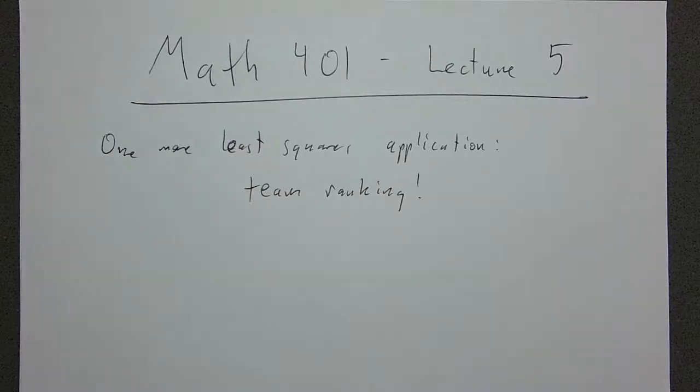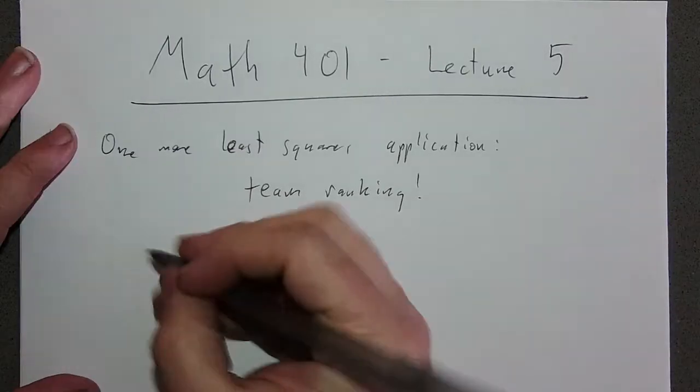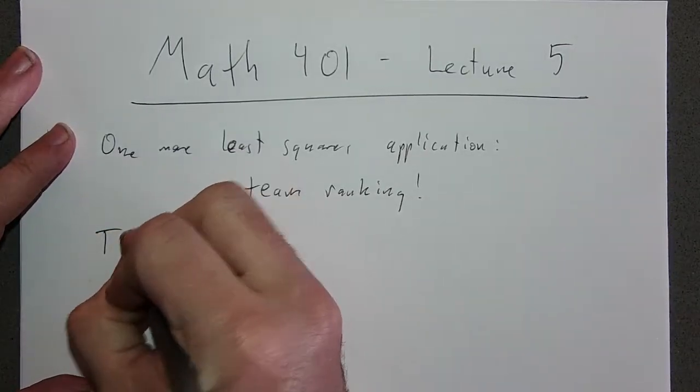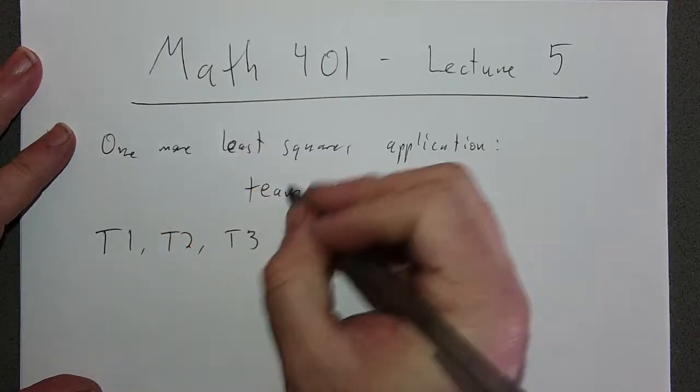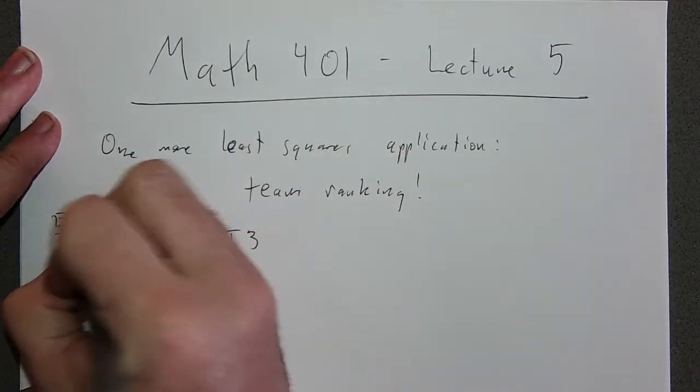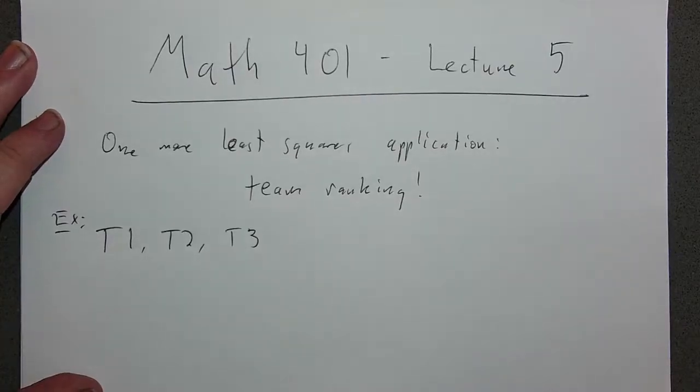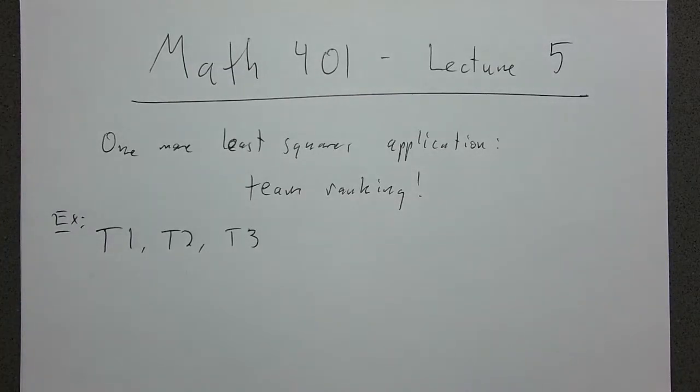So let's say that we have team one, team two, team three, for instance, in this example, playing games against one another. These are team versus team games, not multi teams playing or whatever, although there are things you could do to account for that. Regardless, we're going to say this is team versus team here.